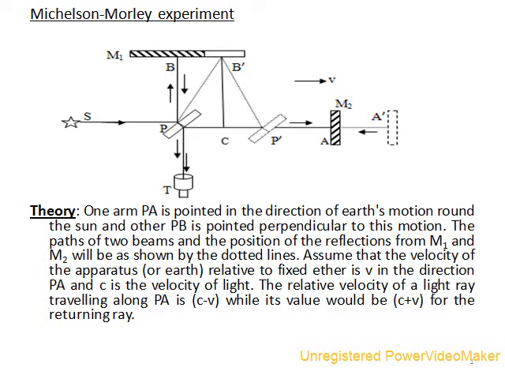The relative velocity of the light ray traveling along the direction PA is C minus V, while its value would be C plus V for the return journey.